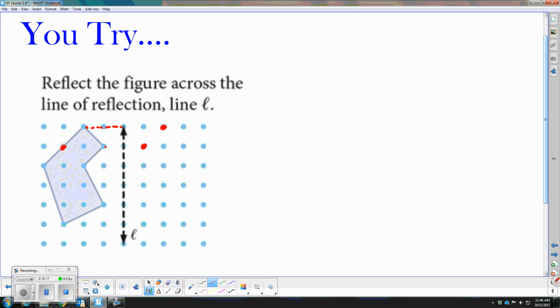This point is 3 units from the line of reflection, 2 units from the line of reflection, 4 units from the line of reflection, 1 unit from the line of reflection, and 3 units from the line of reflection. And then we connect our points. And there is our reflected image.